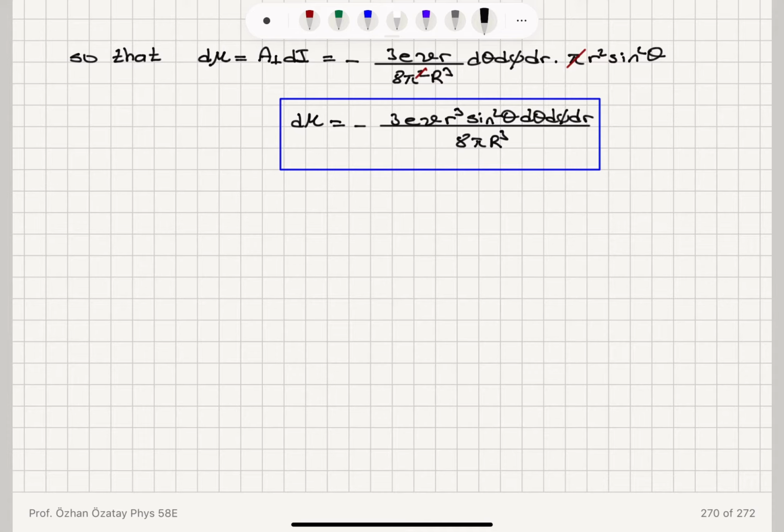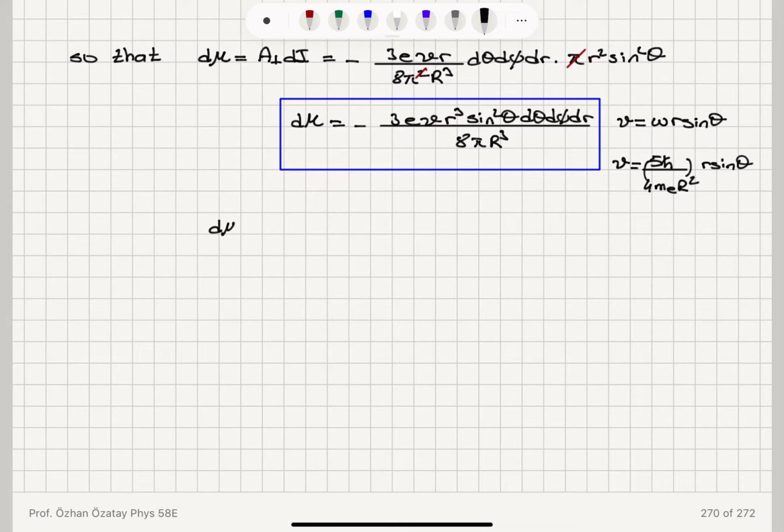And we have this relationship between v and omega. v is equal to omega times the radius of the loop, which is r sine theta. And we know that omega was 5 h bar over 4 mass of the electron capital R squared. So this will be multiplied with r sine theta to find the tangential speed. So we can substitute this result for v into the magnetic moment equation.